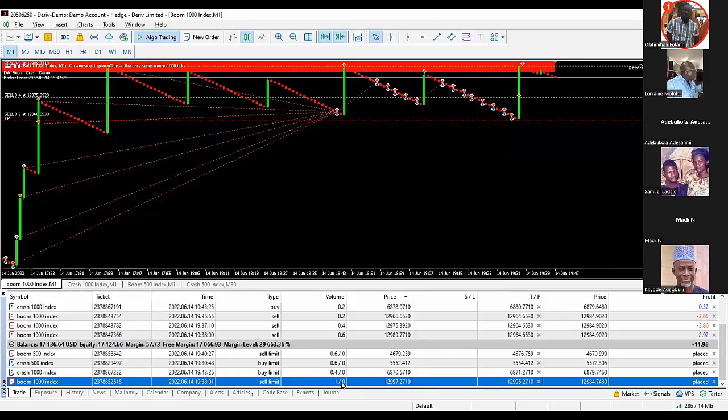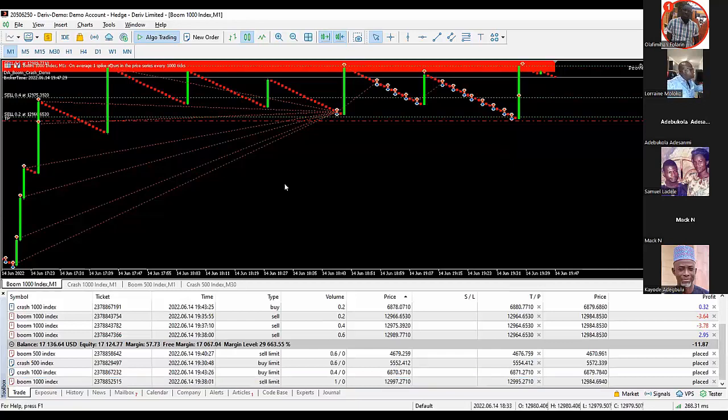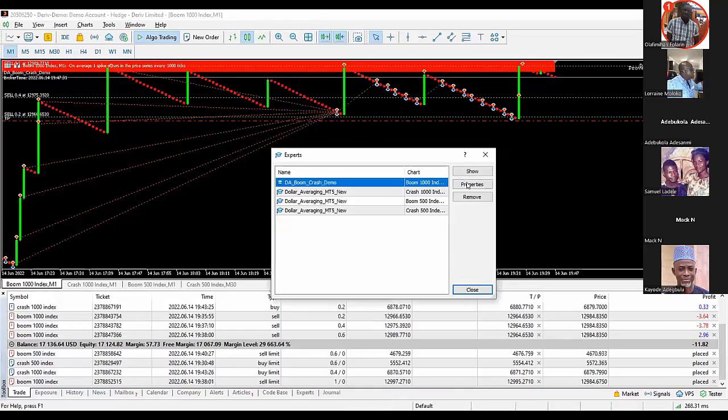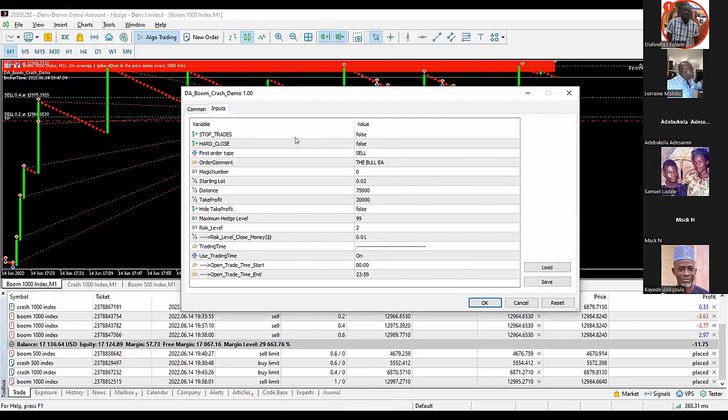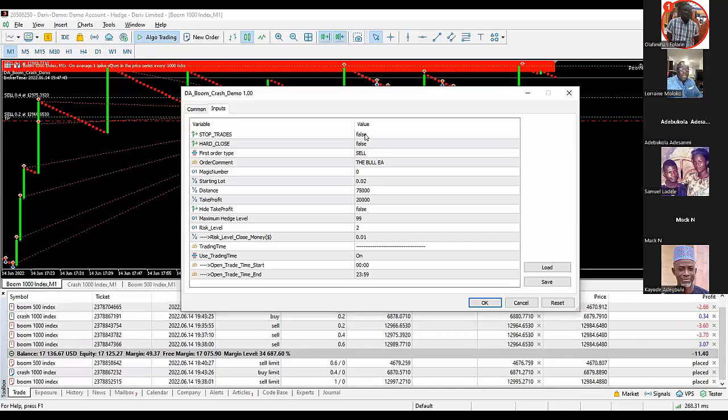Then you remember that after one lot size, there should be 1.6. That means if I set stop trade to true, I'm telling the software, the robot, that after the open trade that is going on, please don't open other trades, but don't close the open trade that is running.